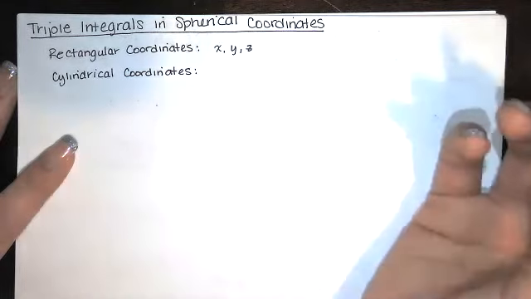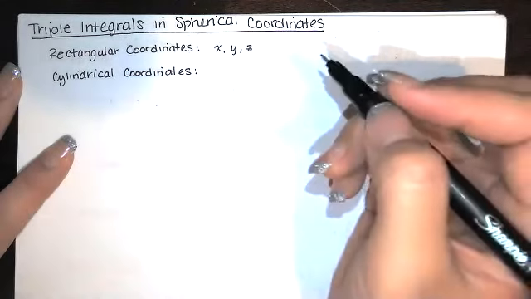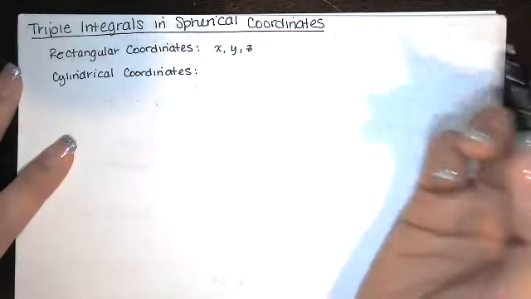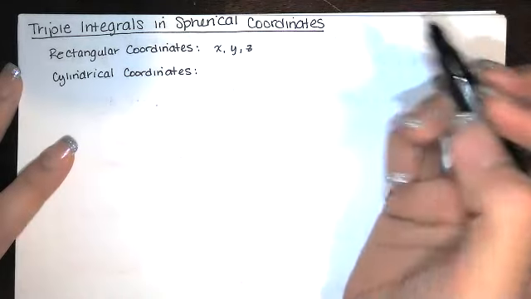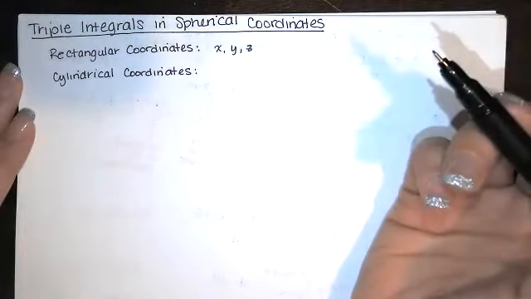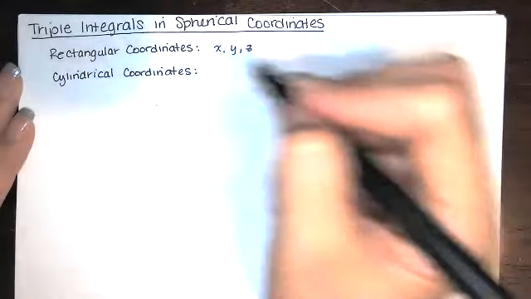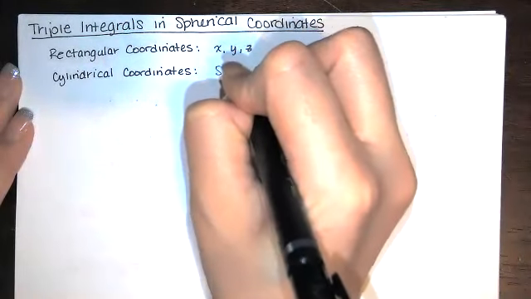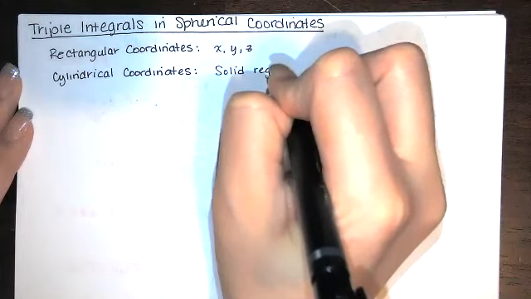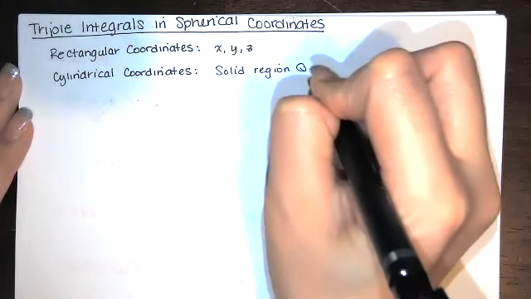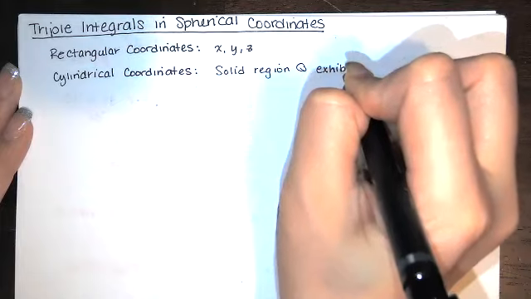But we said if we're integrating over a solid region Q, and that solid region Q is easier to describe in cylindrical coordinates, because maybe the solid region Q exhibits symmetry about a line.